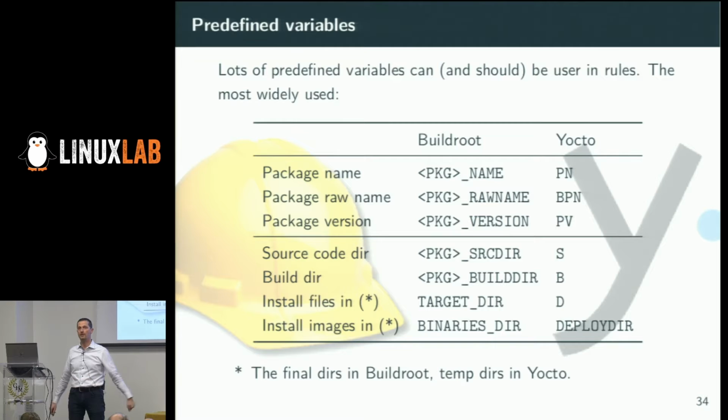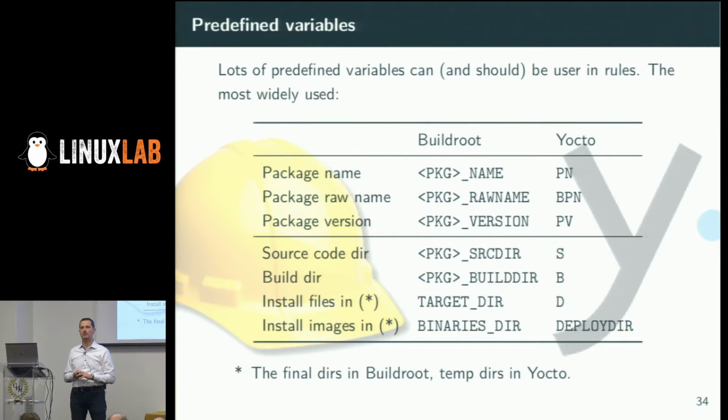Finally, when you write a recipe, you have a set of variables predefined by the build system. This is only a small subset, just to show how they differ in how they look. The main difference is that in Buildroot, each variable has the name of the package as a prefix. This does not happen in BitBake.